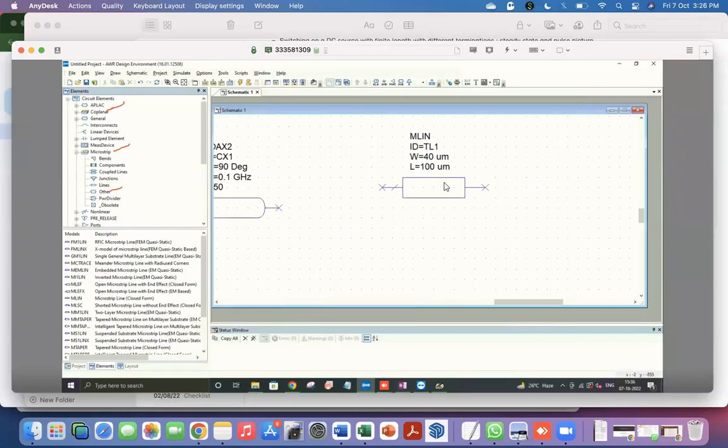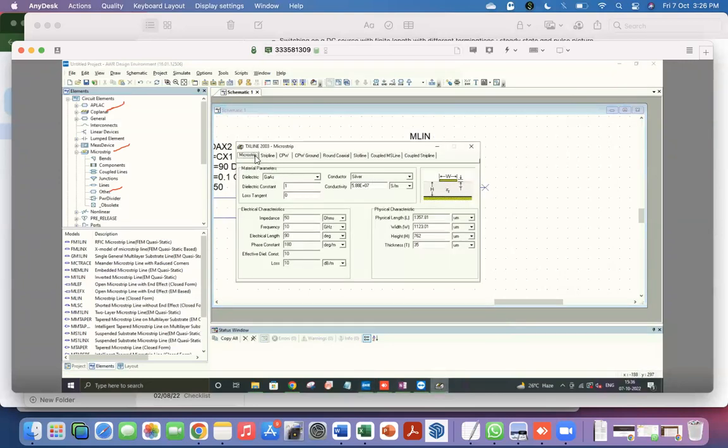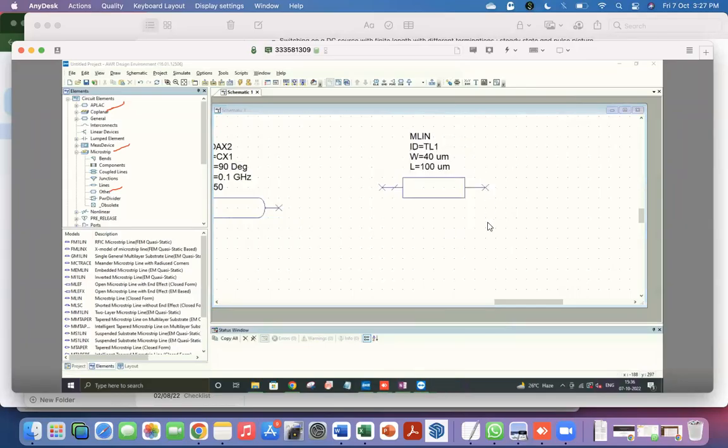The impedance will come once we specify the dimensions, right? So we're going to choose the dimensions to get the impedance we want, which is what we did with this TX line too. So height is missing, but the dielectric constant is also missing. So essentially what's missing is the substrate information.